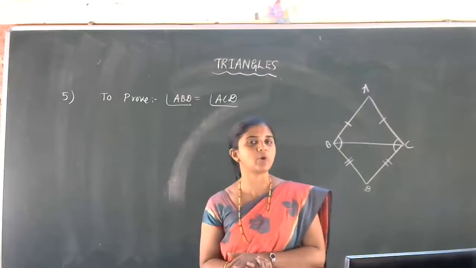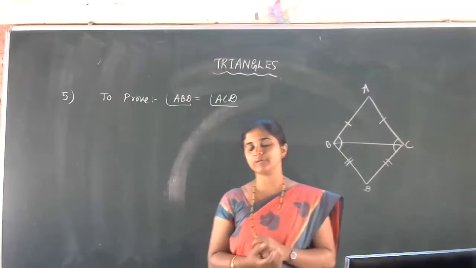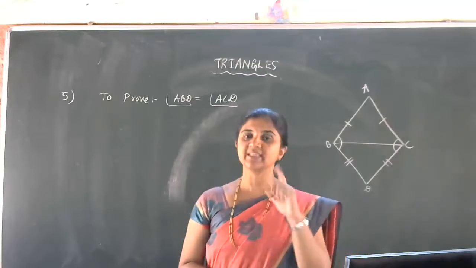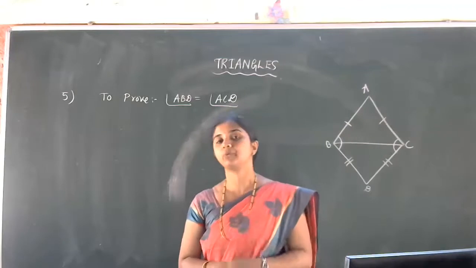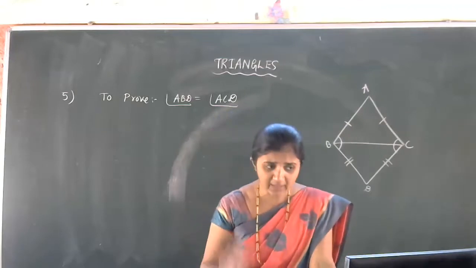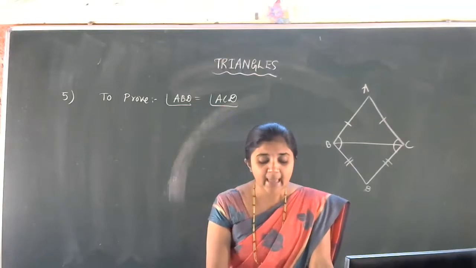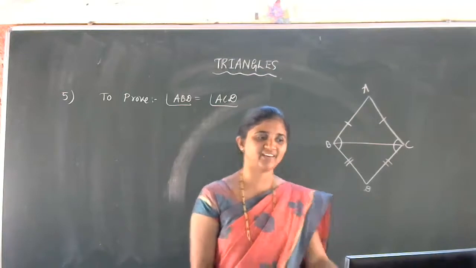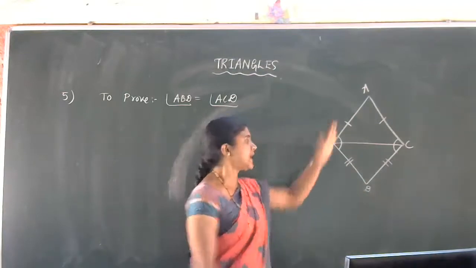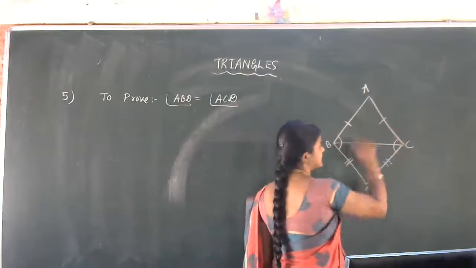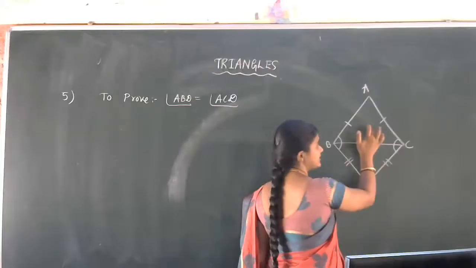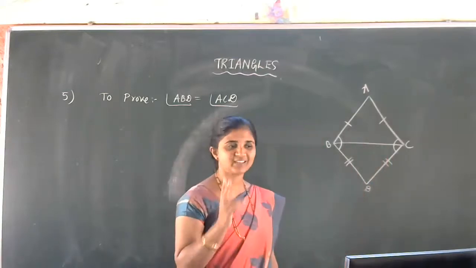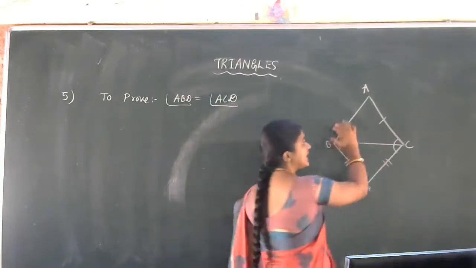The angles opposite to equal sides of an isosceles triangle are equal.